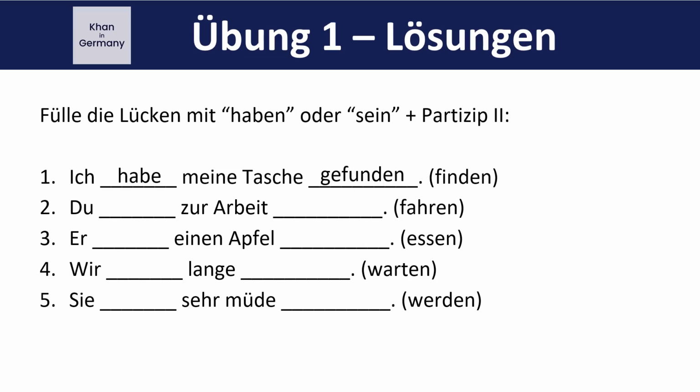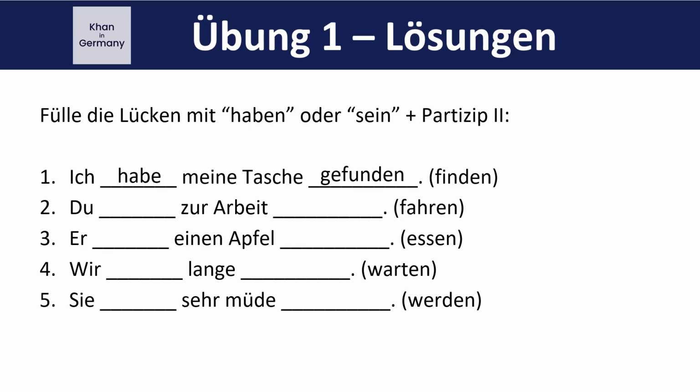Ich habe meine Tasche gefunden. Now the next one. Du zur Arbeit, and then I see fahren. Almost a similar thing to a sentence we just saw earlier. So movement is involved, so you have to see which helping verb is used for movement.